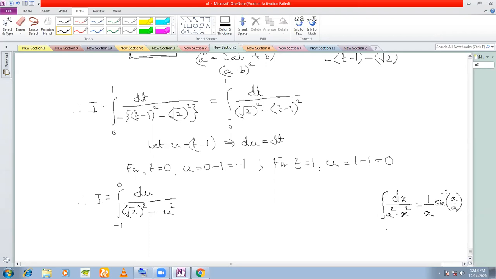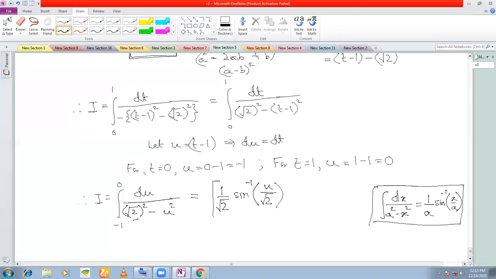This was actually under special integrals, but anyway, if you can remember this integral, it is very useful also. dx by root over a square minus x square. So I will write this as, what is a here? It is root 2. So 1 by root 2 sine inverse u by root 2.